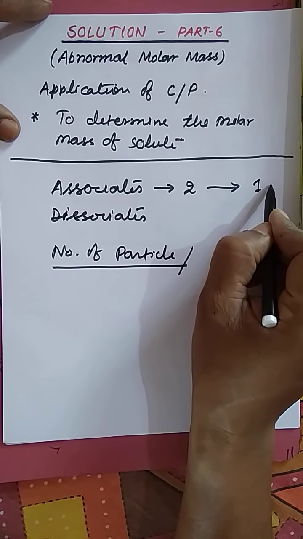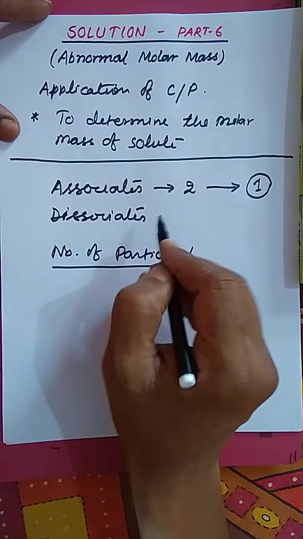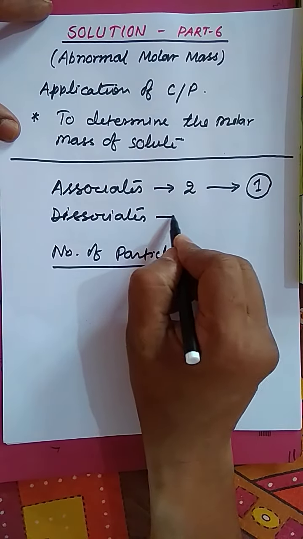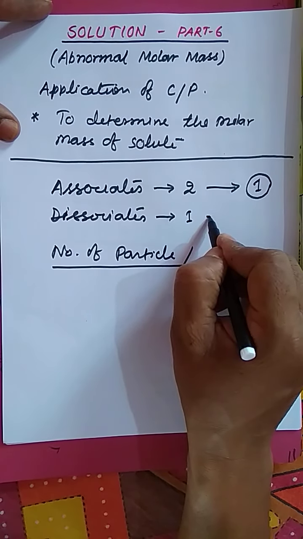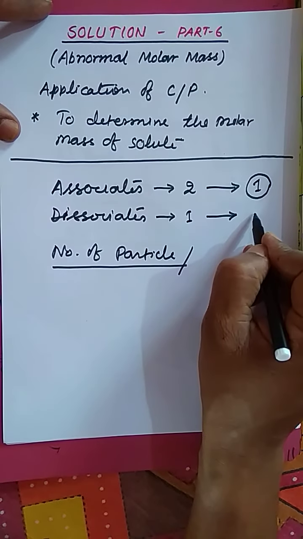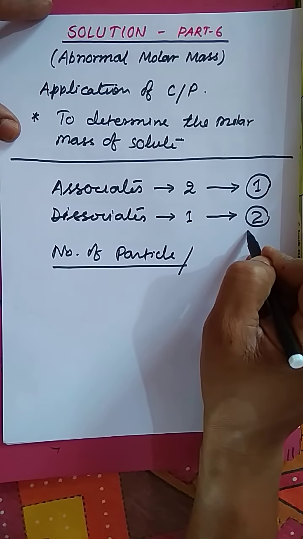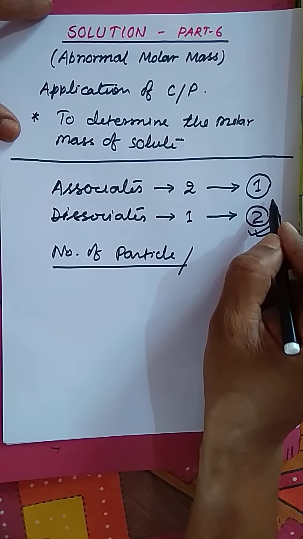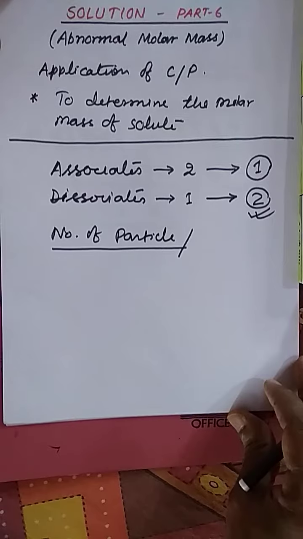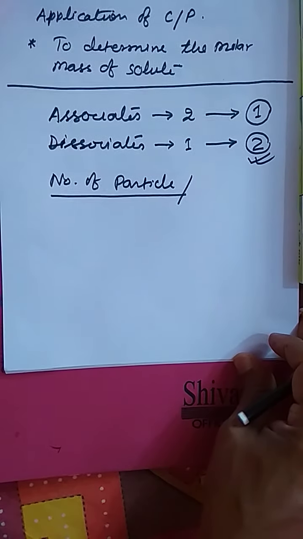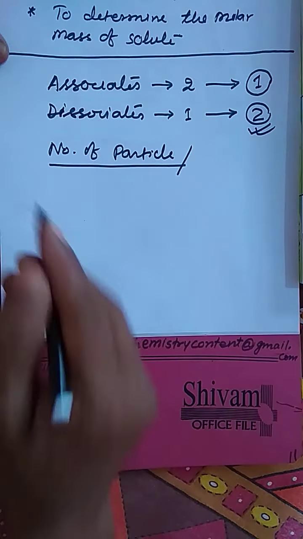So colligative property depends on this one molecule. And in case of dissociation, suppose one molecule is there and after dissociation it dissociates into two ions, then colligative property depends on these two particles. So definitely there is abnormality in calculating molar mass by using colligative property.